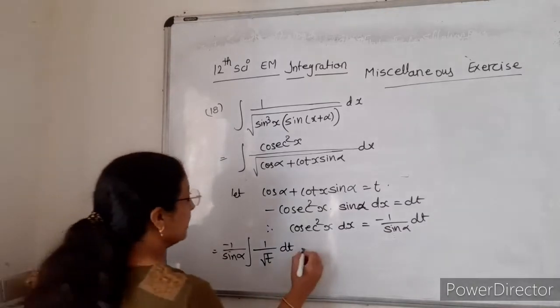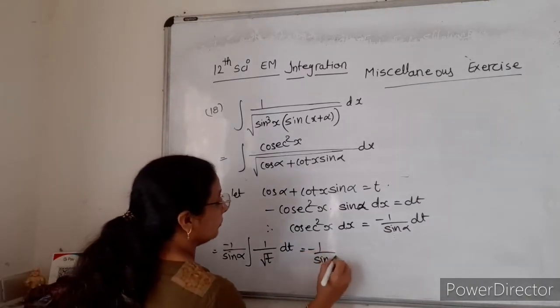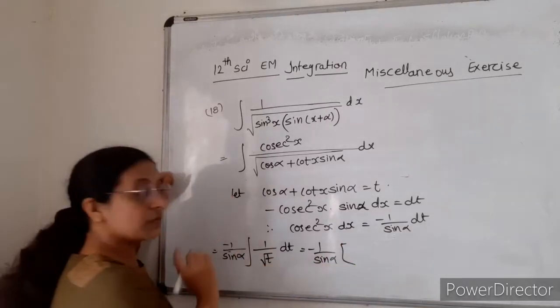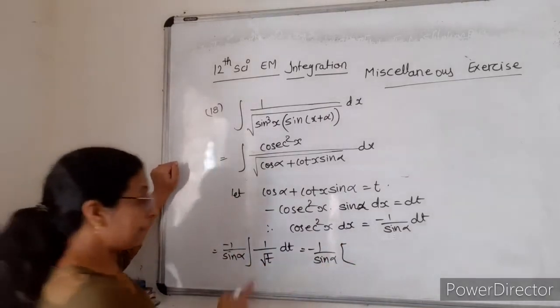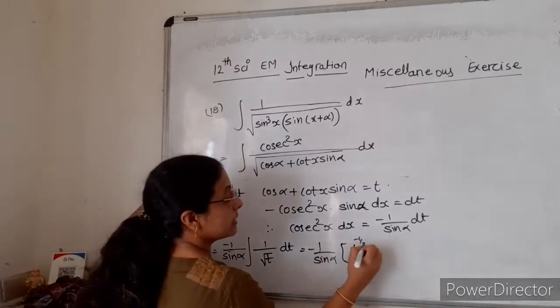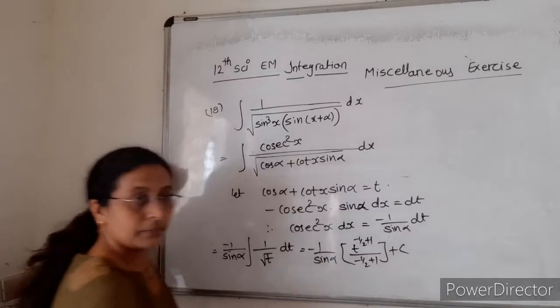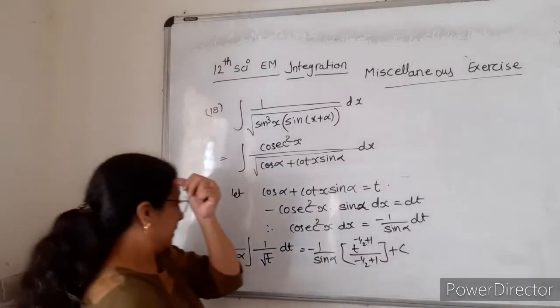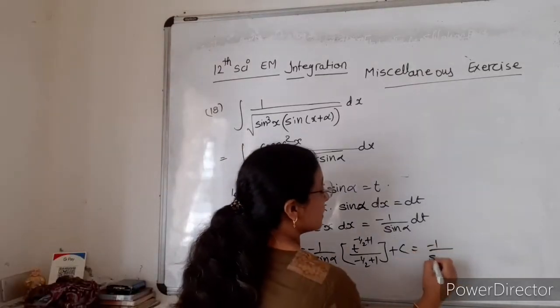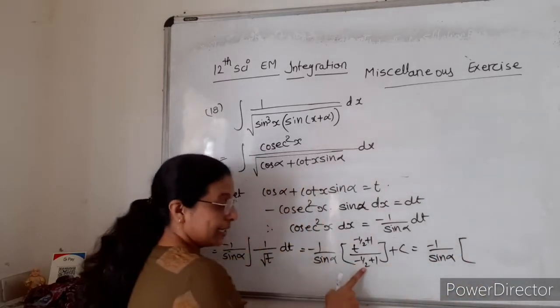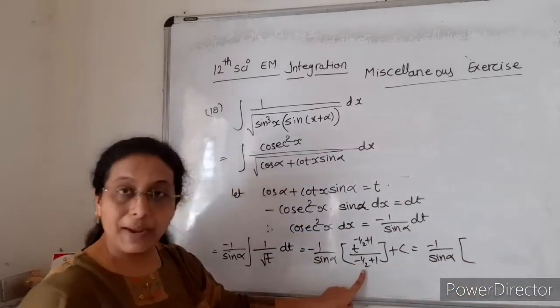So now if you integrate it, root t, that is t raised to minus 1 by 2 is there. So if it is minus 1 by 2, then minus 1 by 2 plus 1 upon minus 1 by 2 plus 1, plus c. Right? Yes. Then you will write minus 1 upon sin alpha. This is minus 1 by 2 plus 1 is 1 by 2.